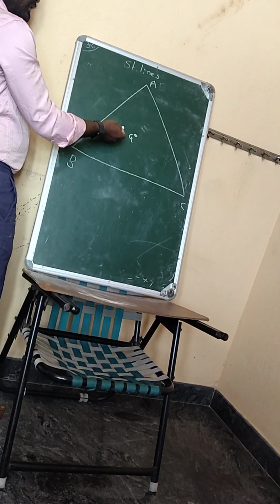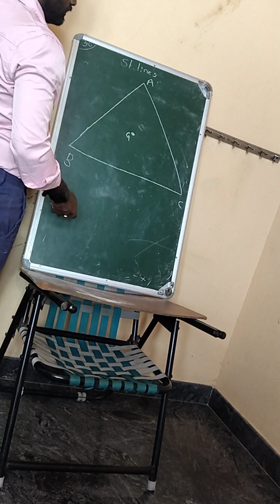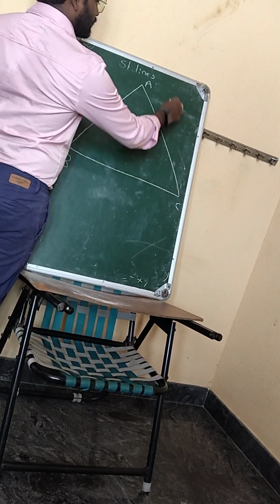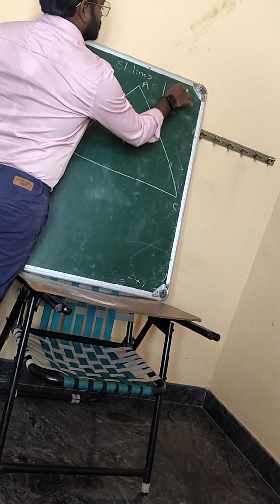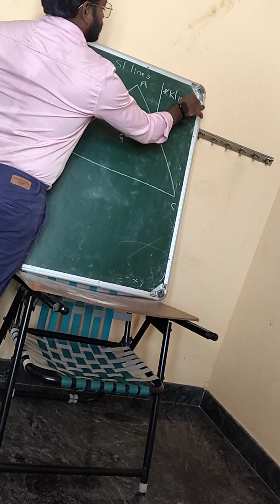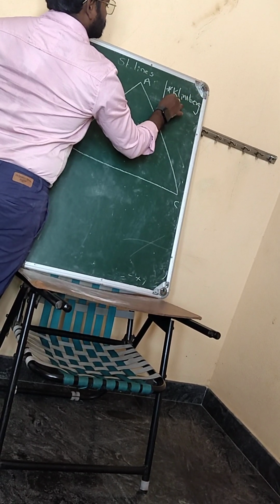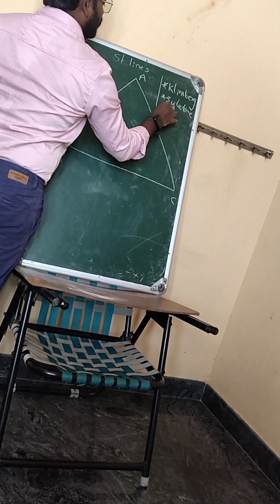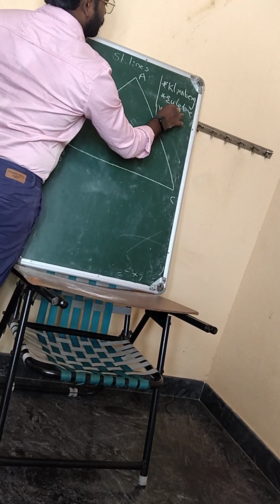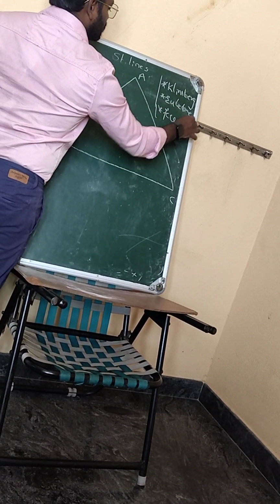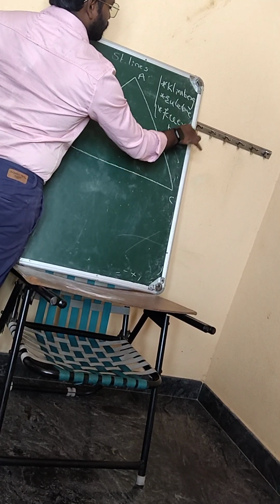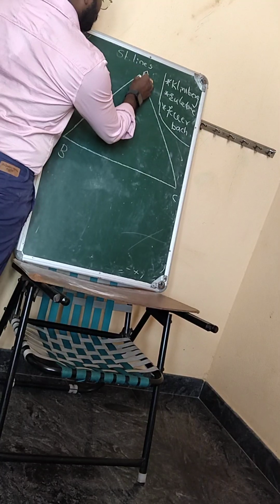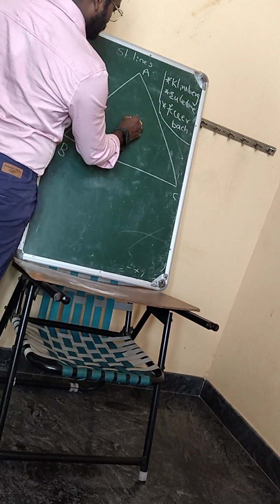Centroid divides 2:1 ratio, and Euler line, Kimberling center, Euler line, 9-point circle, Feuerbach circle. Clear.